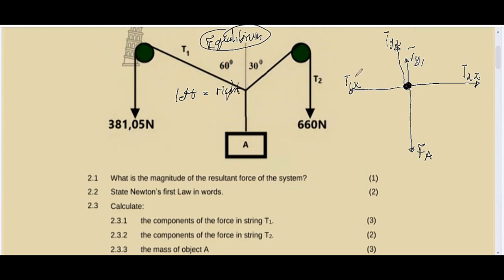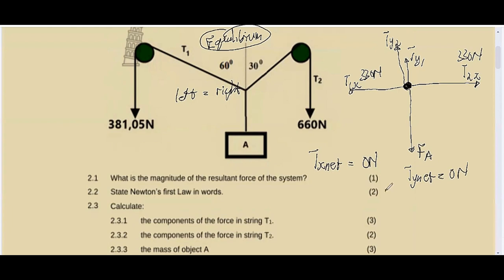And we can even prove that by calculations, because for T1x we found 330 Newton, and also here this is 330 Newton. So if we were to calculate the resultant for the horizontal forces, we would find that our resultant is 0 Newton, because this will be 330 Newton minus 330 Newton since they are acting in opposite directions. So our Tx net would be 0 newtons, but then also our Ty net would be 0 newtons.